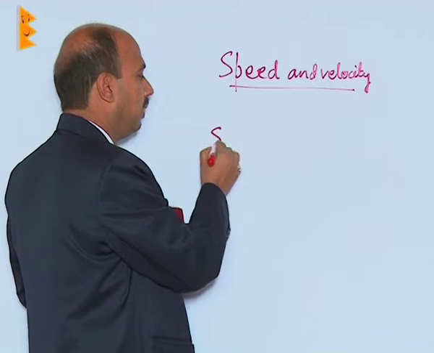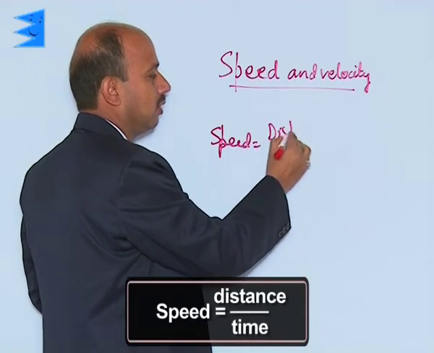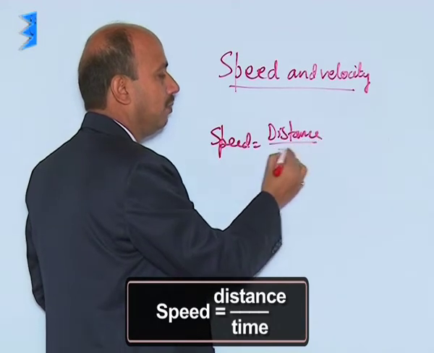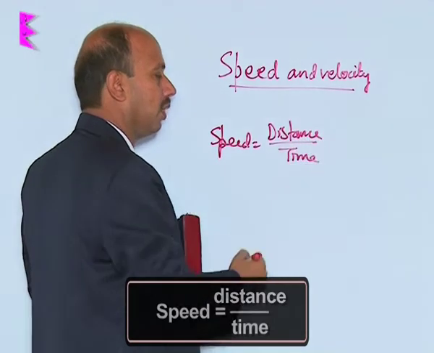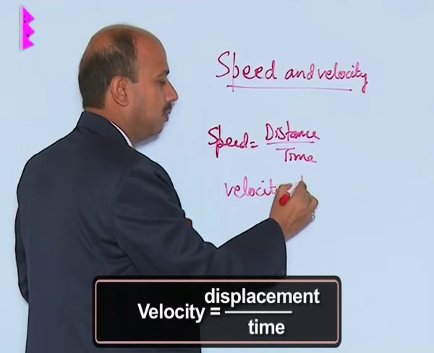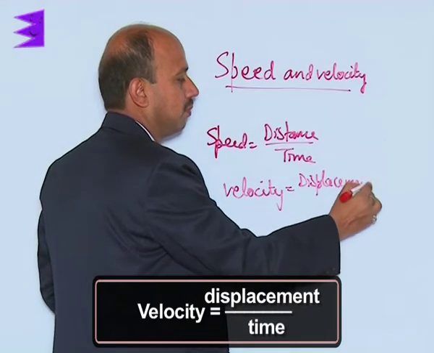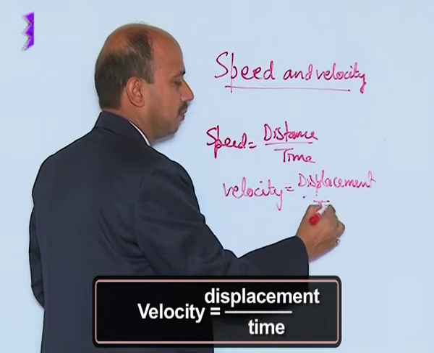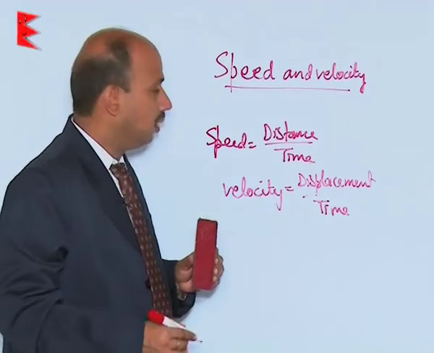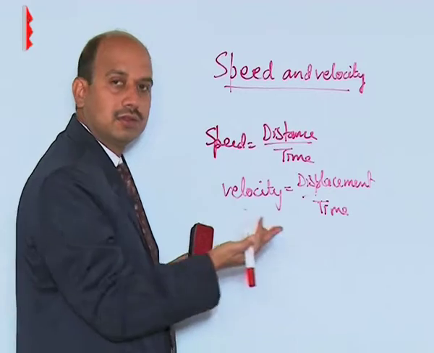So, here simply you can write speed is equal to distance upon time, velocity is equal to displacement upon time. See here, speed and velocity are both lengths upon time.